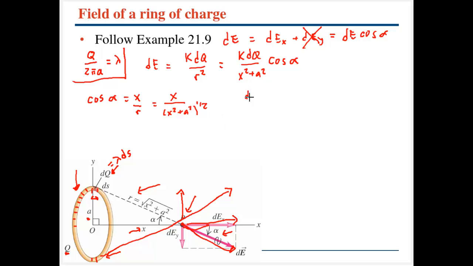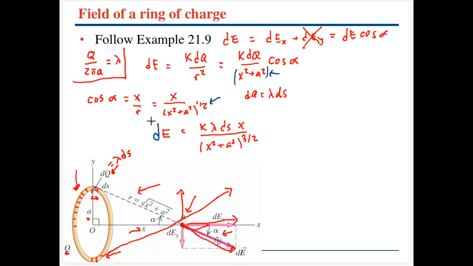And we can also say that dq is going to be equal to lambda ds, and we can rewrite the electric field now as k lambda ds multiplied by x divided by x squared plus a squared, now to the 3/2, where I'm essentially combining this 1/2 and that component down right there. Keep in mind this is actually dE.